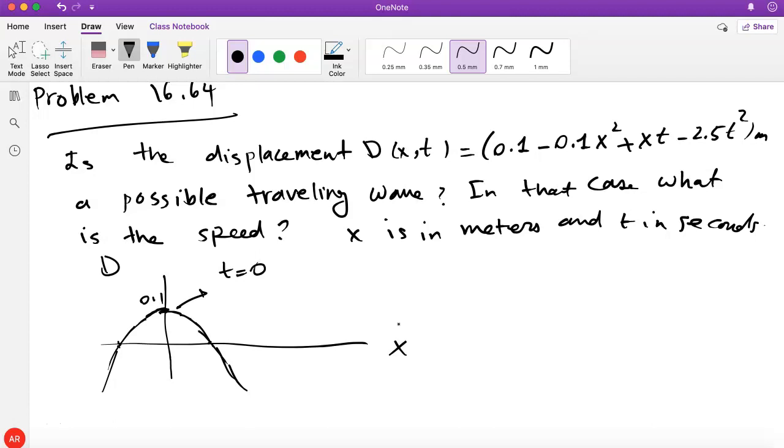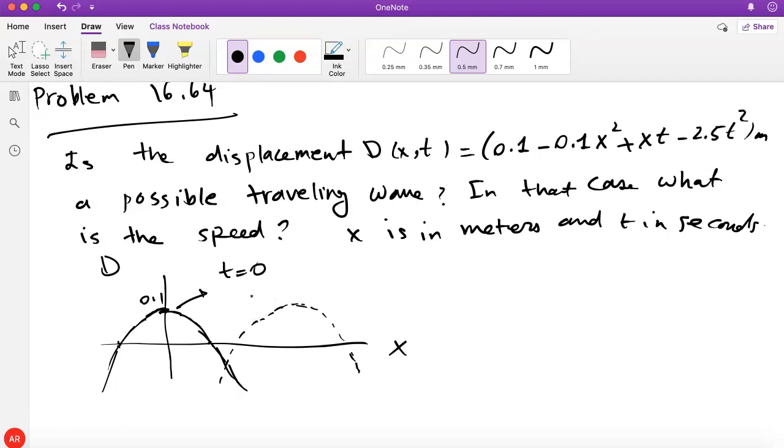So the question is, at later times, does it look like the same thing except shifted to some other position? So will it look like something like this? If that's the case, it's a traveling wave, right? It doesn't change its shape, it just gets translated along the x-axis.